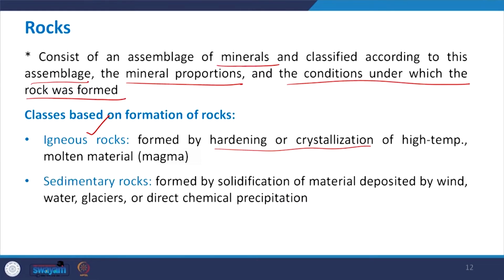Then the second type of rock is the sedimentary rock, which is formed by solidification of the material which is deposited by various natural agencies, such as winds, water, glaciers, or they can be formed by direct chemical precipitation. As against the igneous rocks, these sedimentary rocks are formed by solidification of material deposited by natural agency.